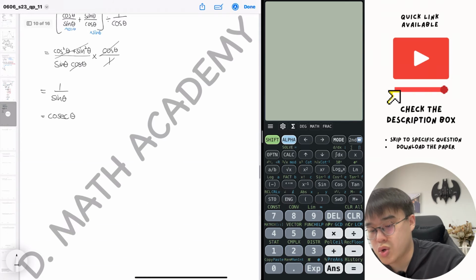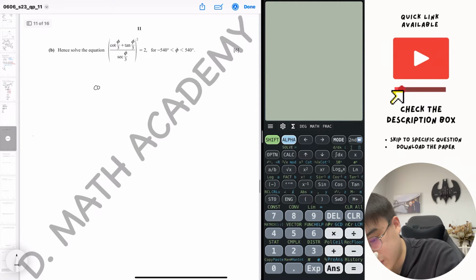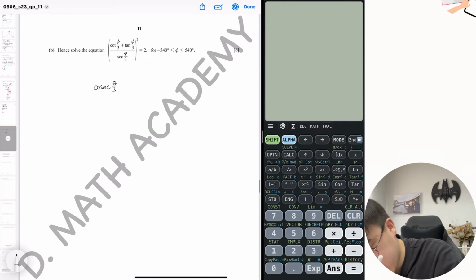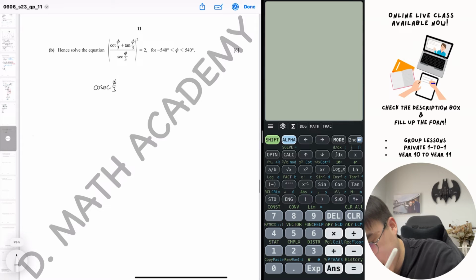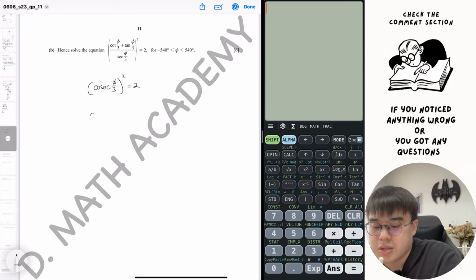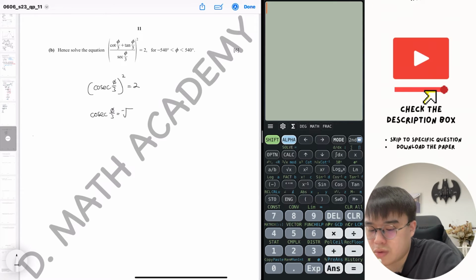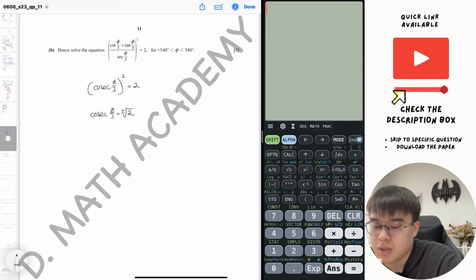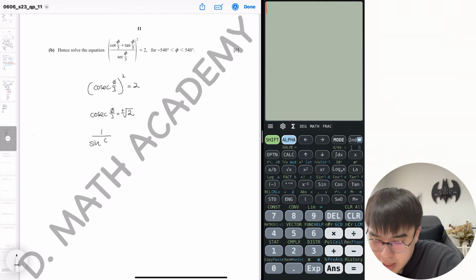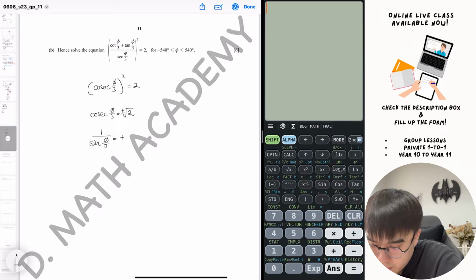So you'll be writing it as cosec theta over 3, but it will be squared here. Okay, so our cosec theta over 3 will be plus minus square root 2, and 1 over sine theta over 3 will be plus minus square root 2.